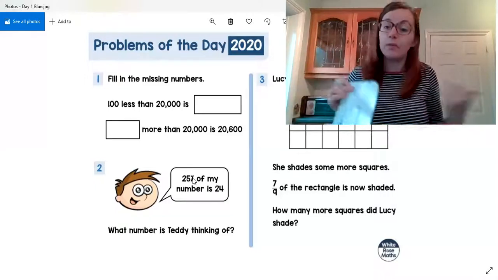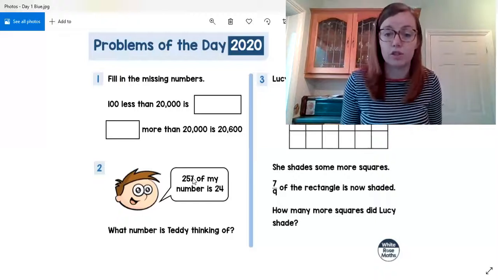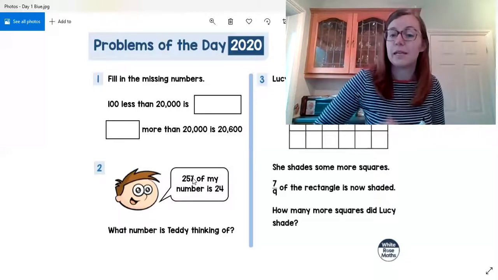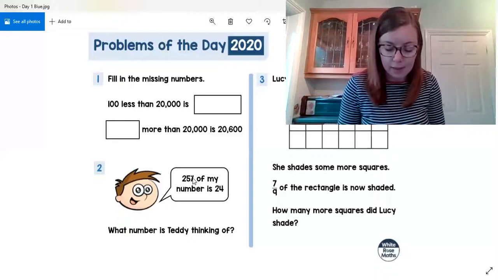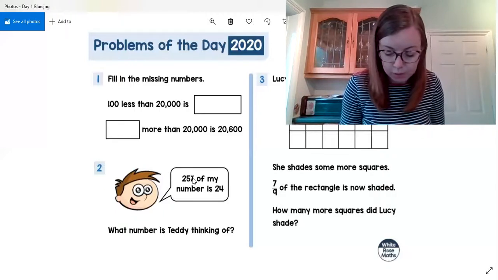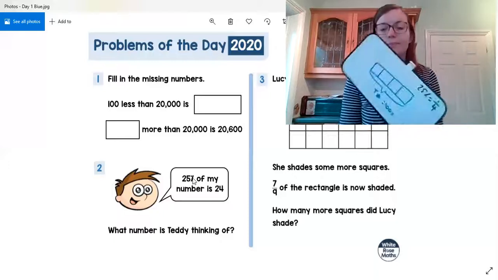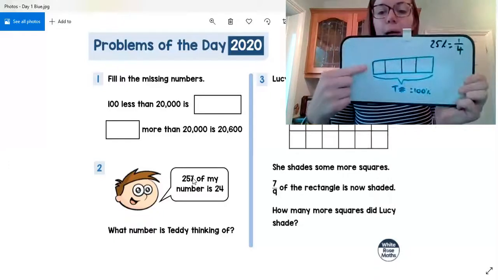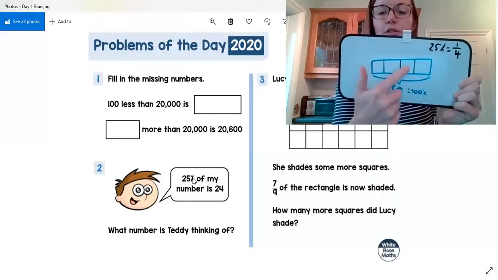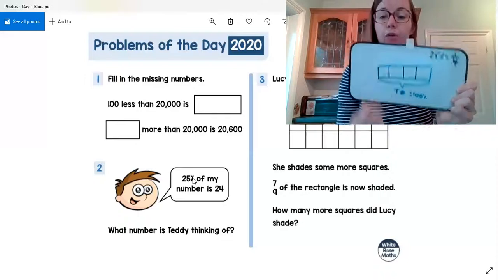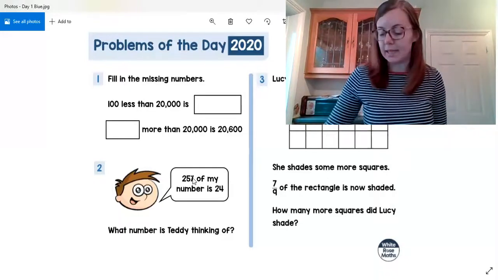Okay? And we've just discussed, haven't we, in some of the last questions, that if we split something up into a quarter, it means we split it into 4 groups. And the important word about those groups is that they are equal. So here's Teddy's number, and here it is split into 4 equal groups. I can now label one of my groups, which is 25%.